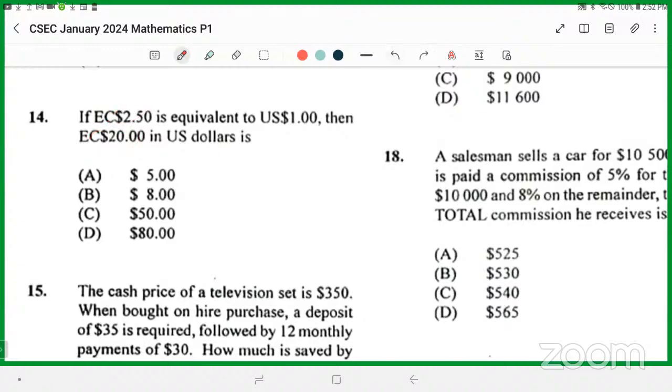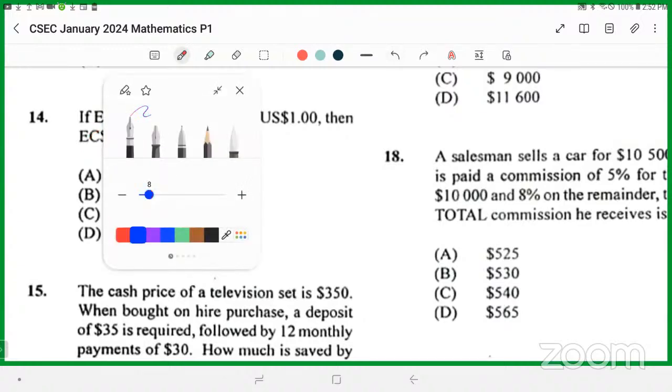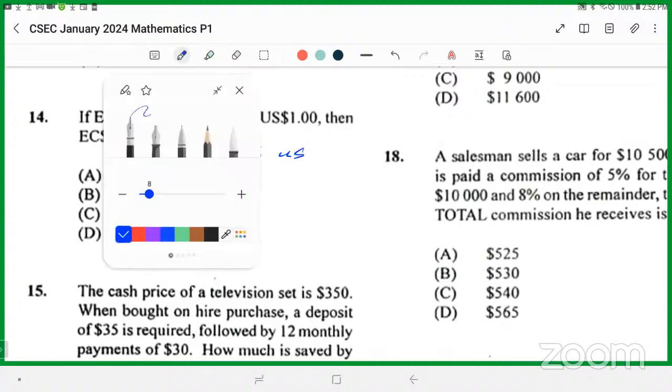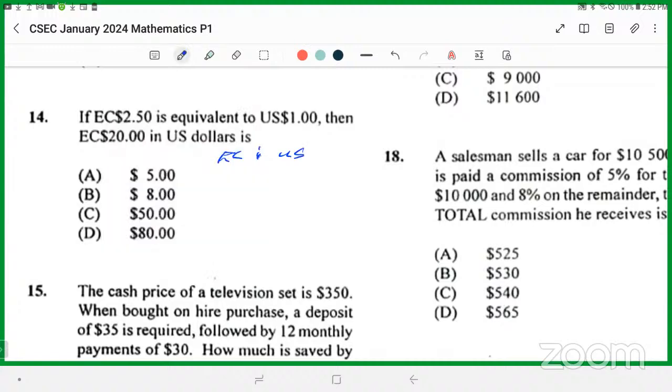But you can do it like a ratio. EC to US starts out at 2.50 to 1, and I want this side to reach 20.